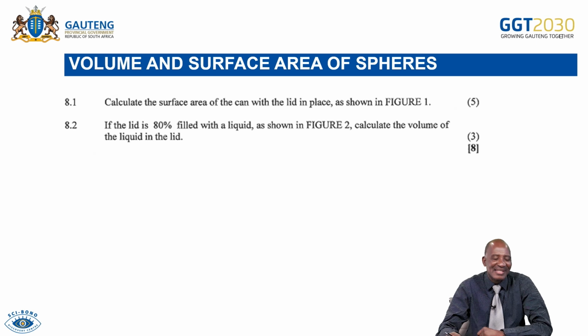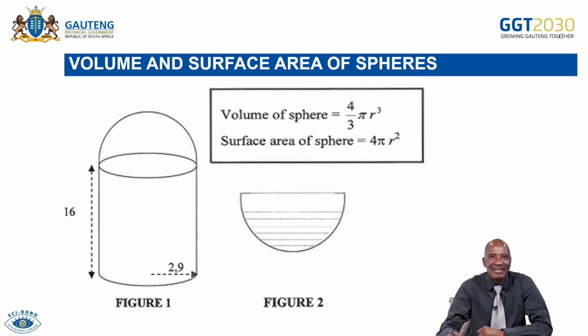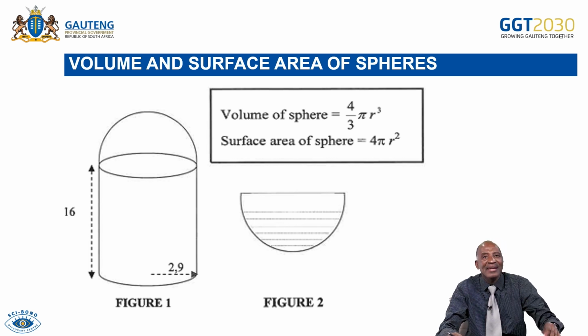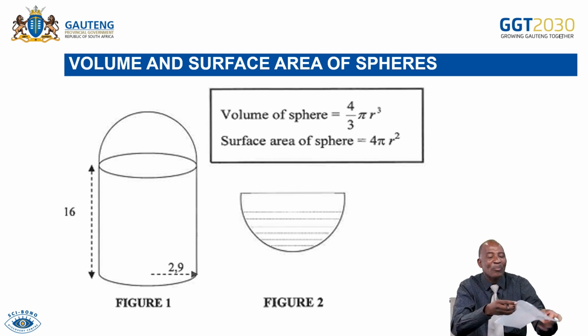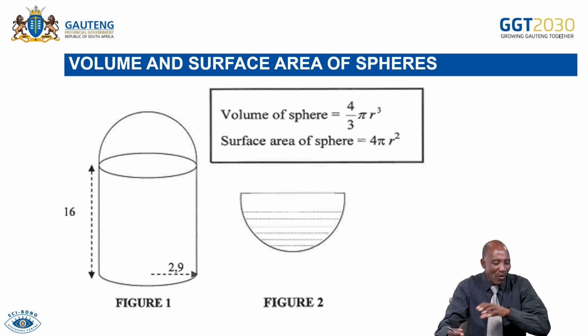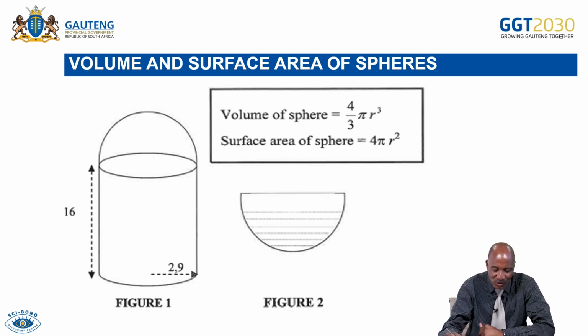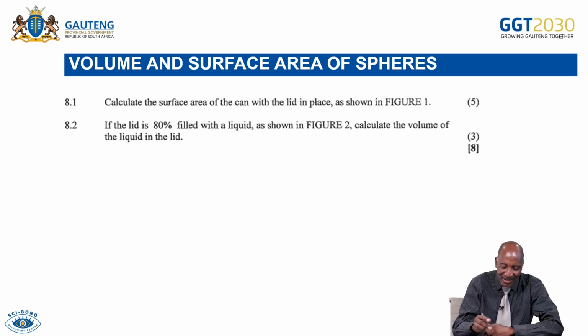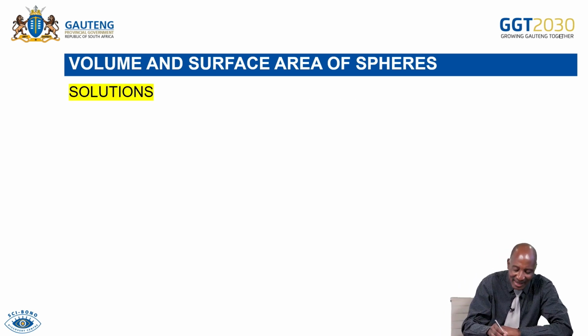The total surface area of the shape given is made up of a cylinder and also a hemisphere at the top. There is a hemisphere at the top, meaning our bottom part is going to be the cylinder. How do you find the surface area of a cylinder?